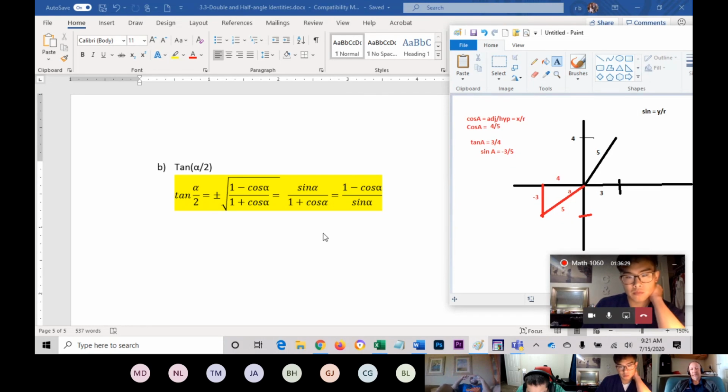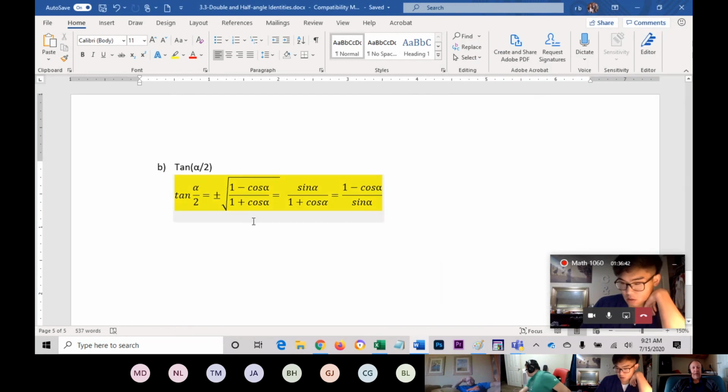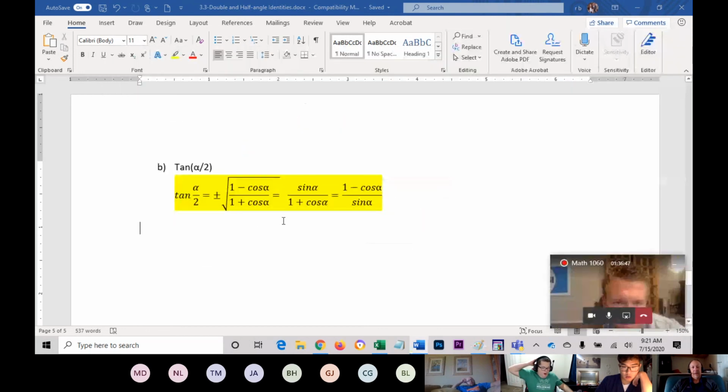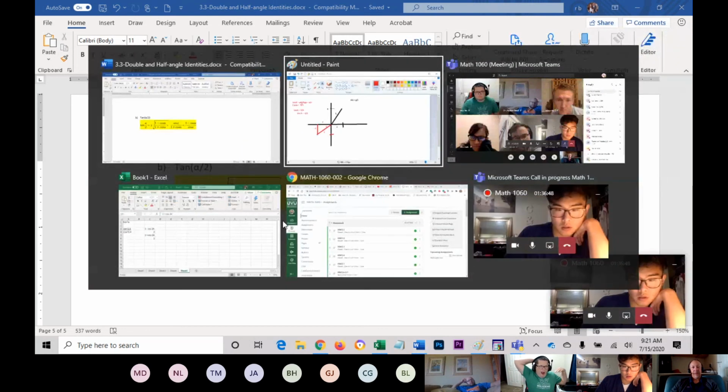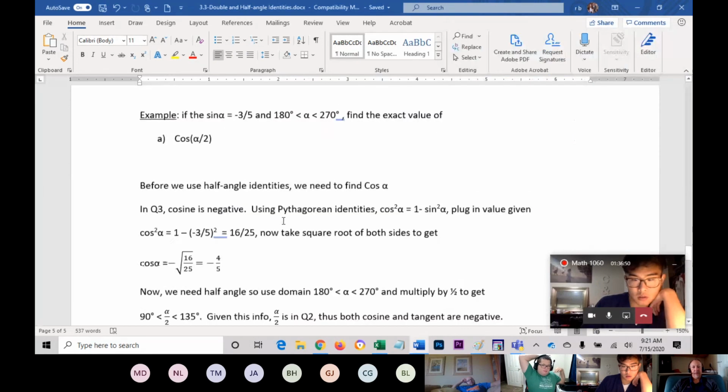Which one do you want to pick? The second one here, the sine of alpha over 1 plus the cosine of alpha? Yeah. Okay. Now, let me make sure I've got that right before I steer you guys wrong.